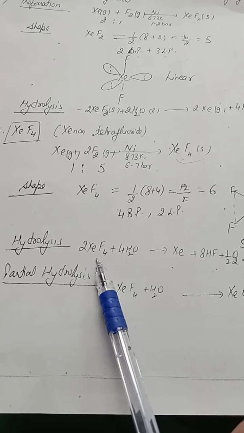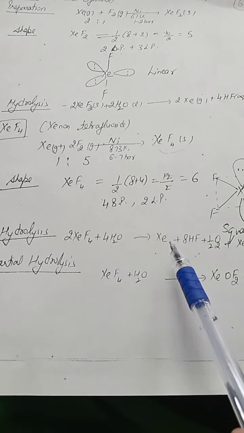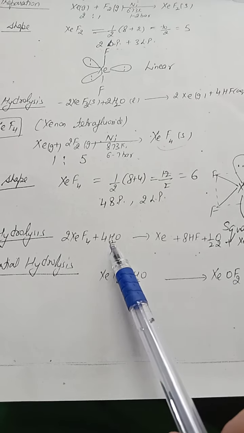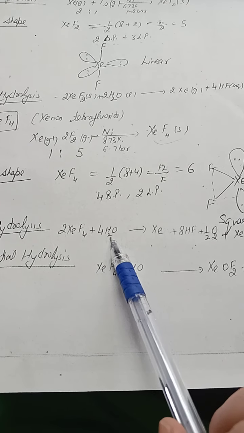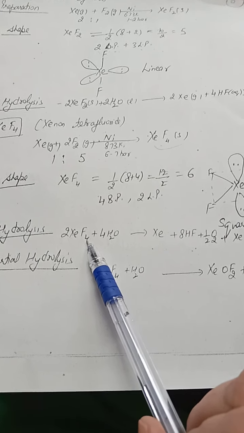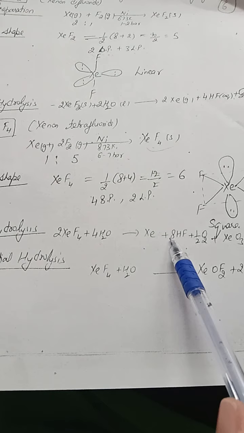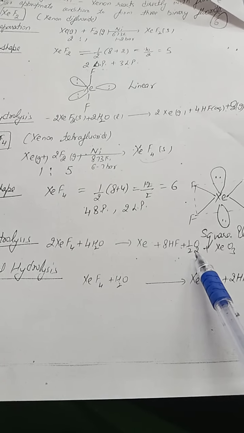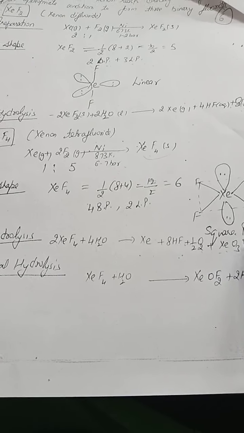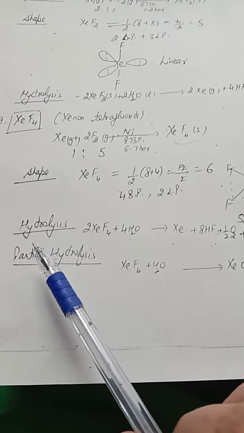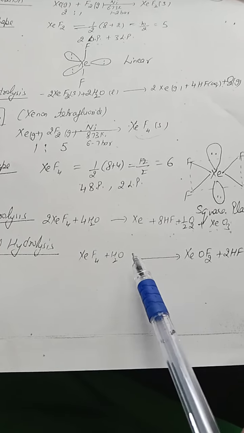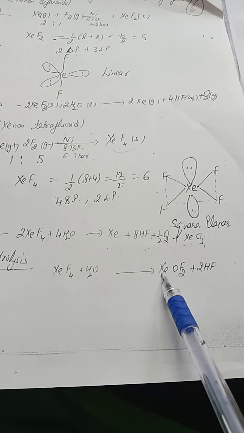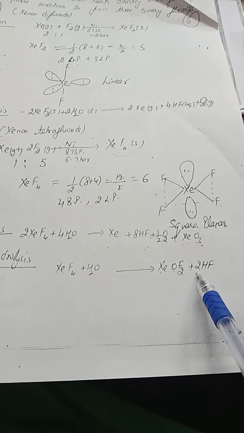So upon hydrolysis, this xenon tetrafluoride will give us xenon with how many HF? Here see, 8 hydrogens are there, which will combine with 8 fluorines to give us 8 HF, and the rest will give oxygen with xenon trioxide. And upon partial hydrolysis, it will give us xenon oxydifluoride with HF.